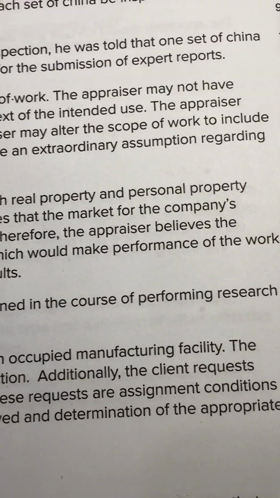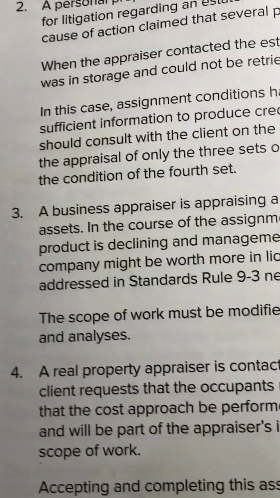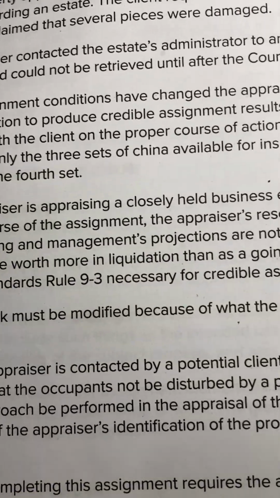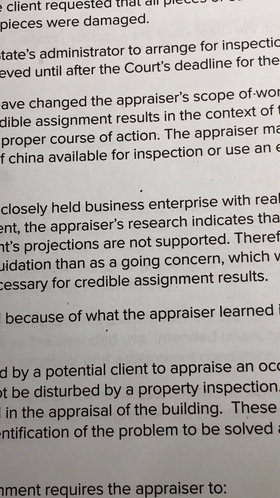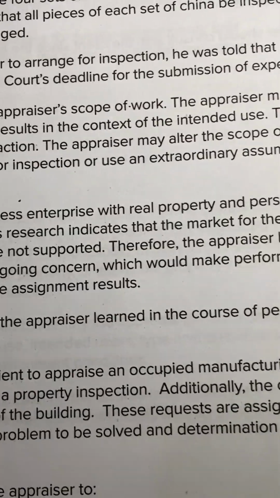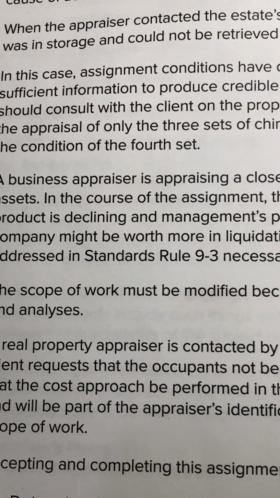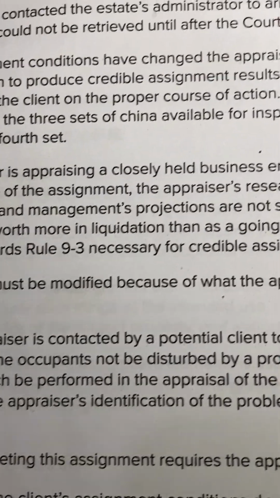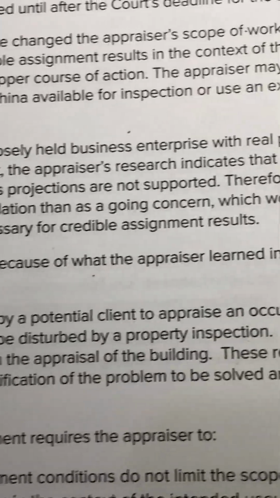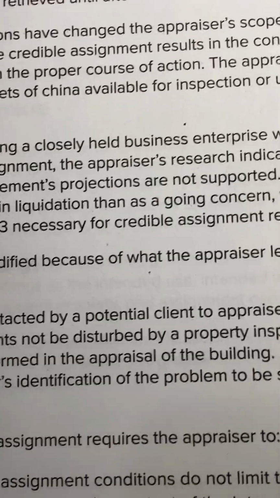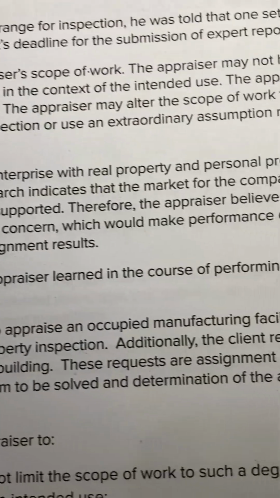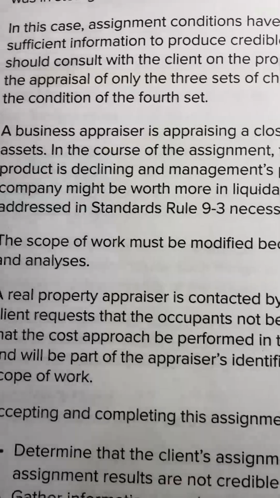Therefore, the appraiser believes the company might be worth more in liquidation than as a going concern, which would make performance of the work addressed in Standards Rule 9-3 necessary for credible assignment results. The scope of work must be modified because of what the appraiser learned in the course of performing research and analysis.